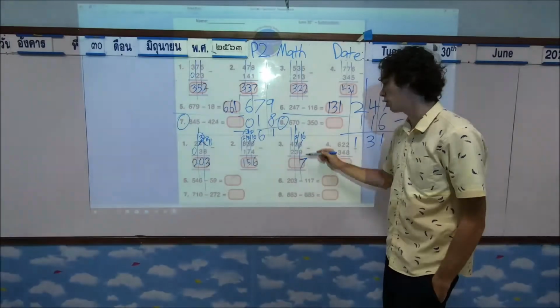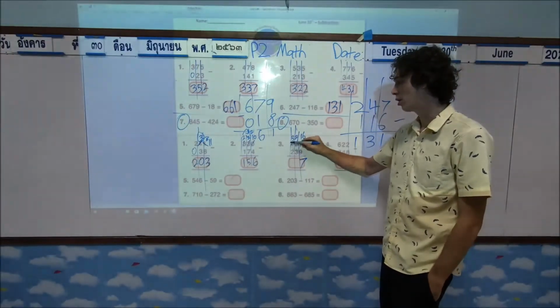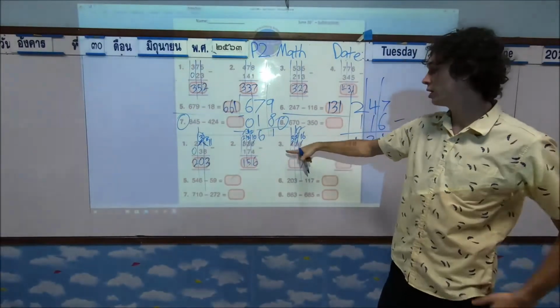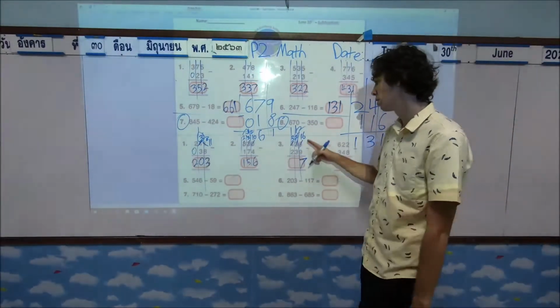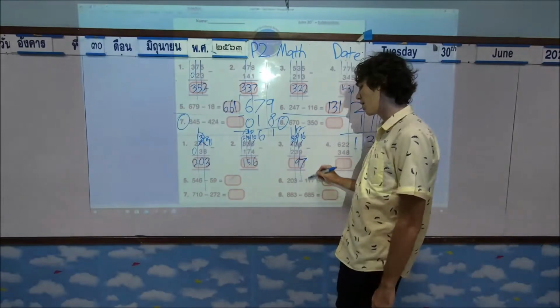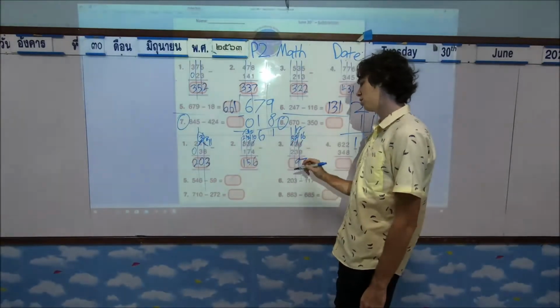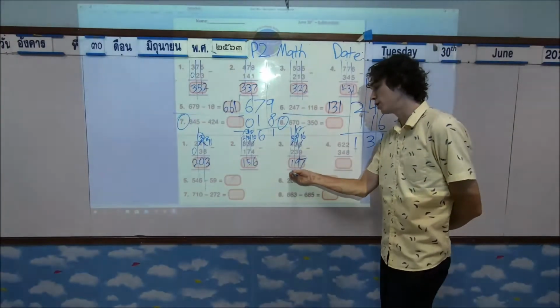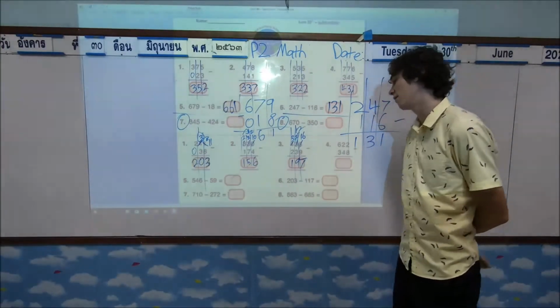We have to borrow. Take 103. 12 minus 1 plus 10. 12 minus 3, 9. 3 minus 2, 1. The answer, 197.